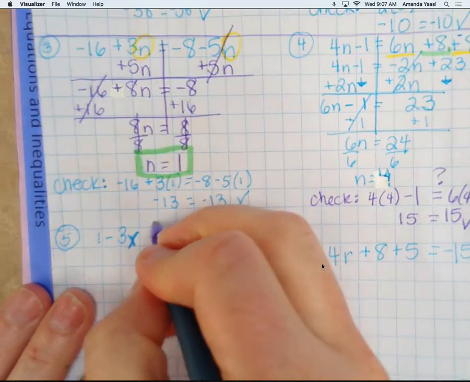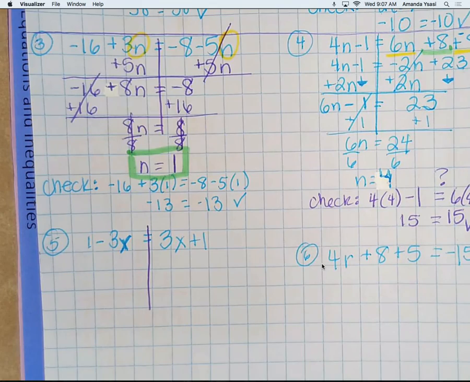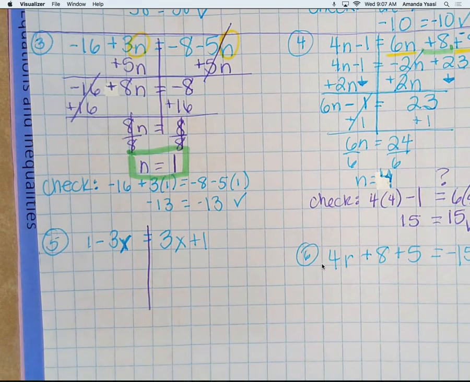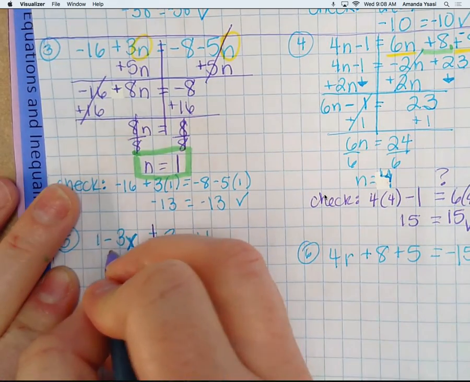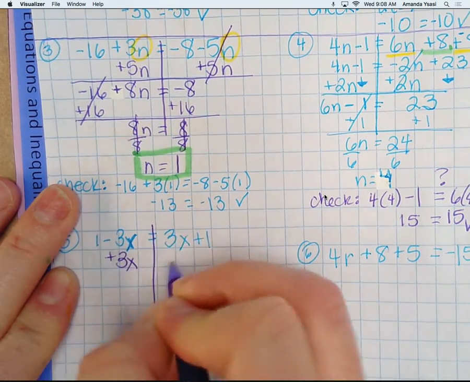Okay, so the left side. We're going to move the smaller x. So which one's the smaller coefficient? Negative 6. So how do we get to the other side? Yeah. Plus 3x.